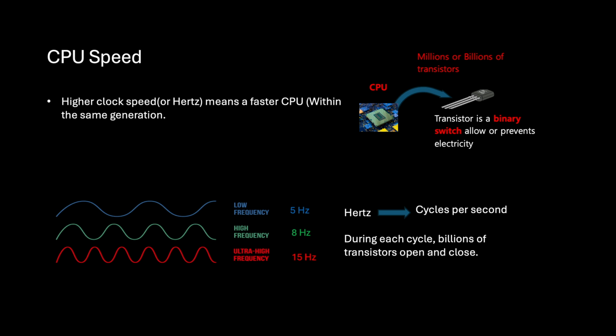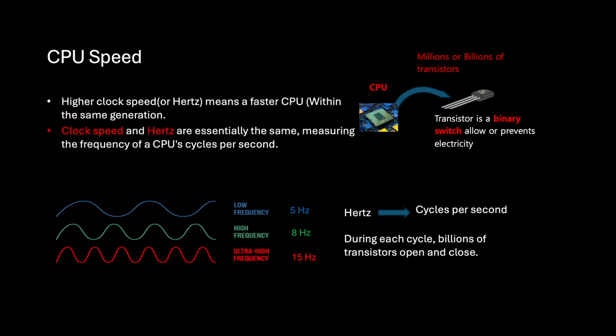Higher clock speed, or Hertz, means a faster CPU within the same generation. This is important to know: within the same generation, like two computers from the same generation. Clock speed and Hertz are essentially the same, measuring the frequency of a CPU's cycles per second.